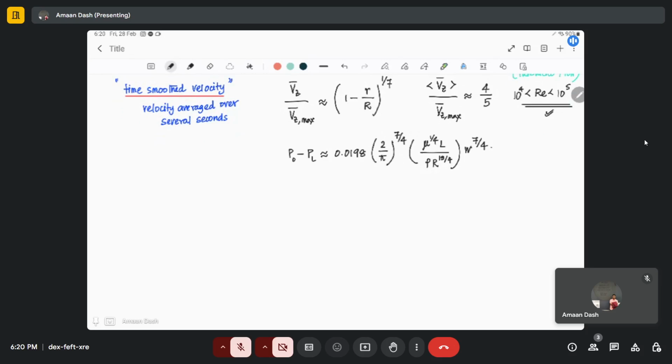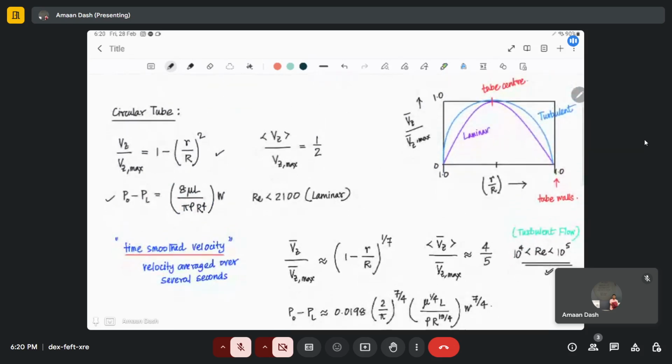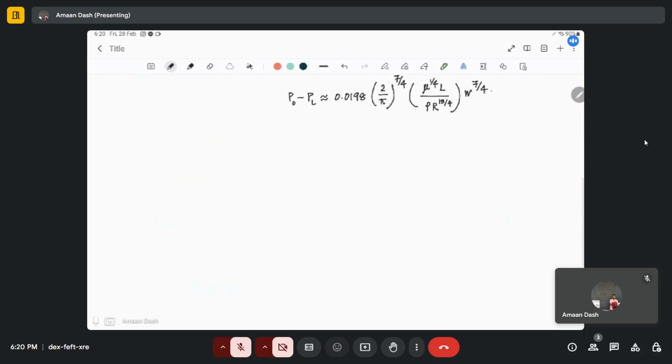So this is one example of a circular tube. Similarly, we can look at non-circular tubes as well. We can get similar expressions for a non-circular tube. Let me do one such example.